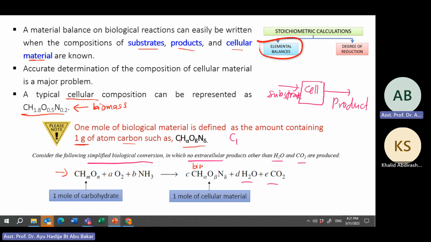This is the biomass produced, C mole of biomass, plus water plus CO2. This is provided there is no extracellular products. Okay, we can proceed with this equation. Only H2O and CO2.